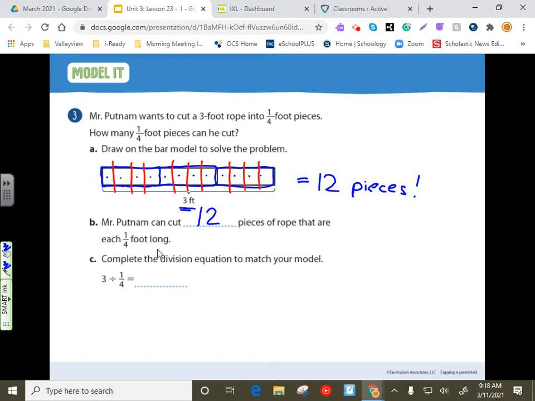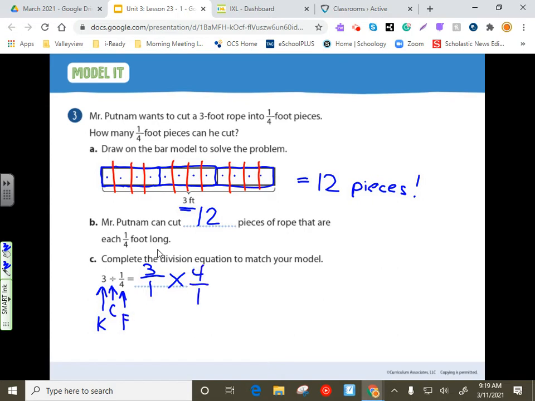All right, so let's try this division equation. We're going to keep our dividend, which is 3, but let's put it as 3/1 just to make things easier. And then we're going to change our division to multiplication, and then we're going to flip this 1/4.